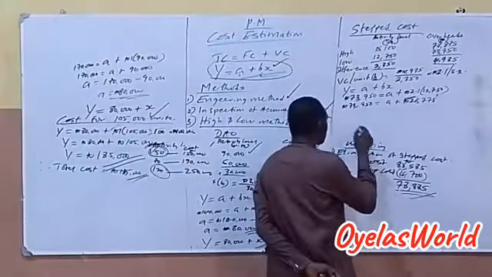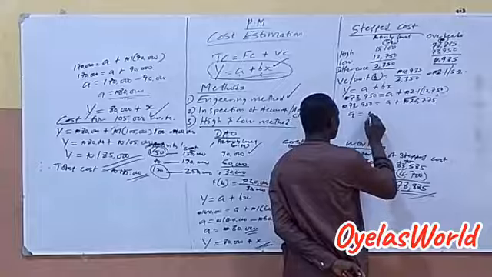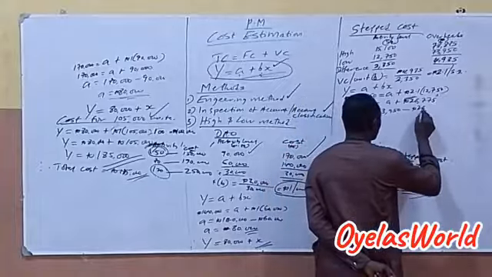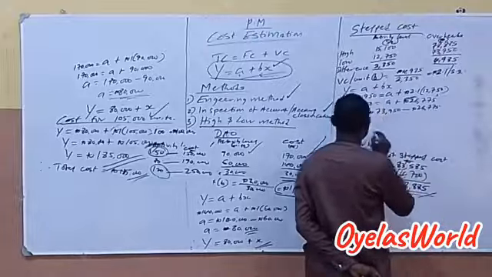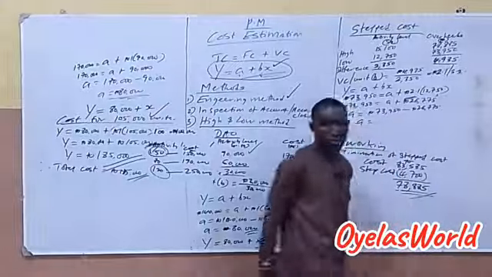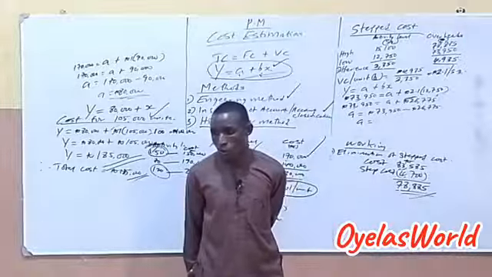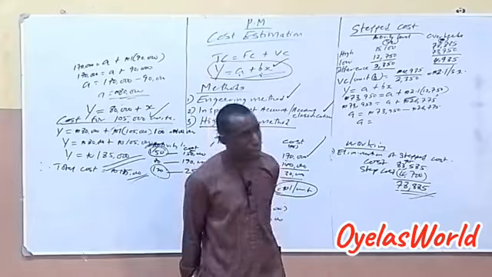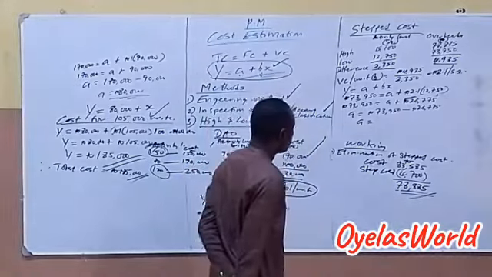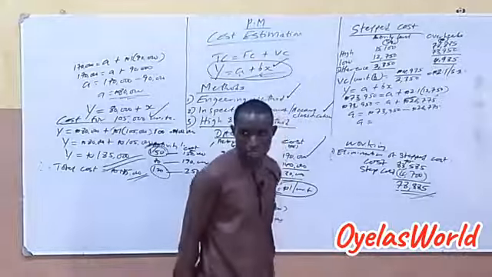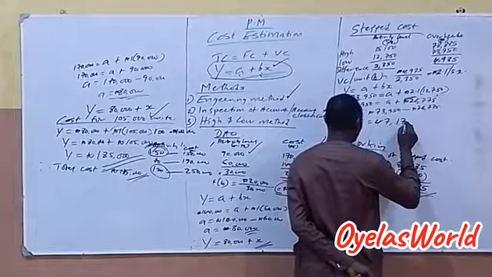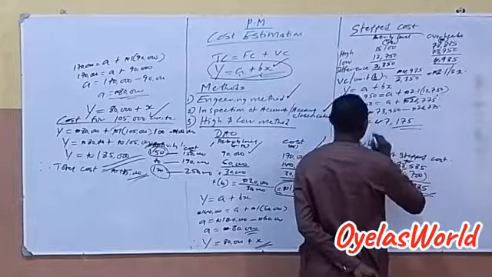So you are having a equals 73,950 minus 26,775. a is what? 47,175. That is your fixed cost.